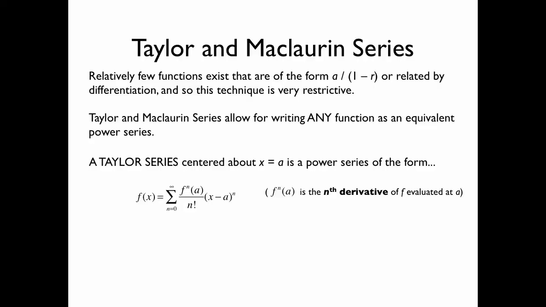It's not a very complicated thing: we have the nth derivative taken at a over n factorial, times (x minus a) to the n. So this is a power series. It basically creates an infinite polynomial that can approximate any function.